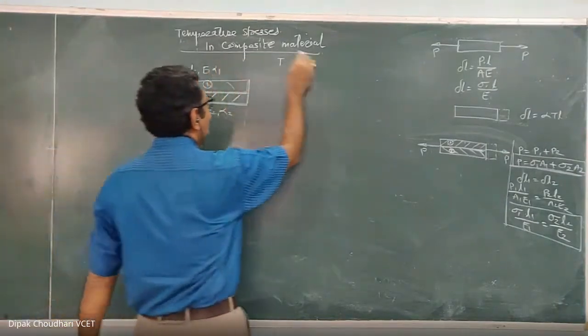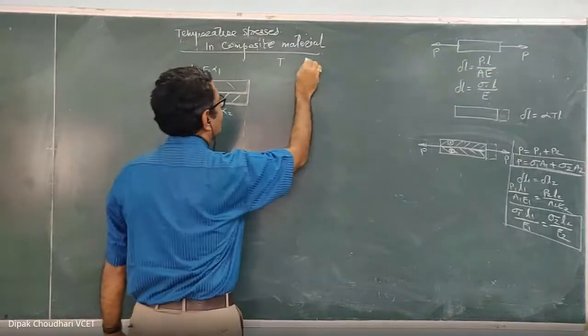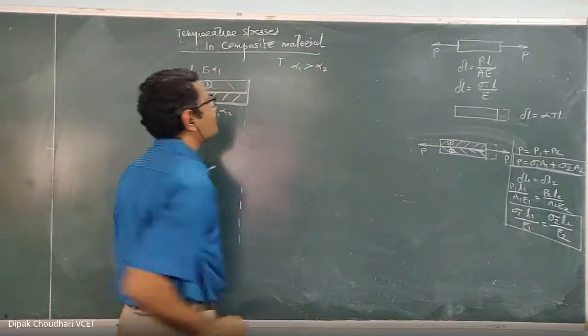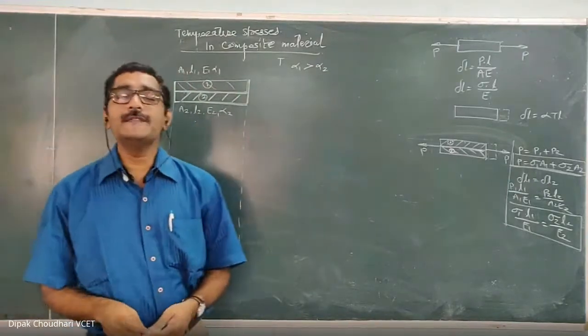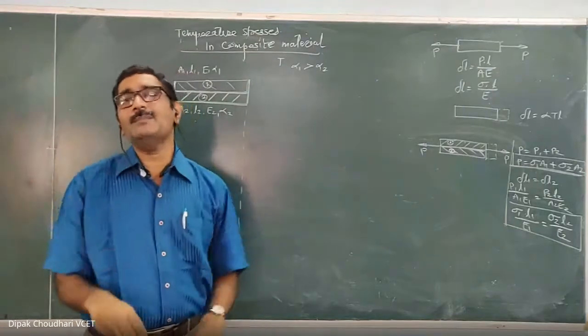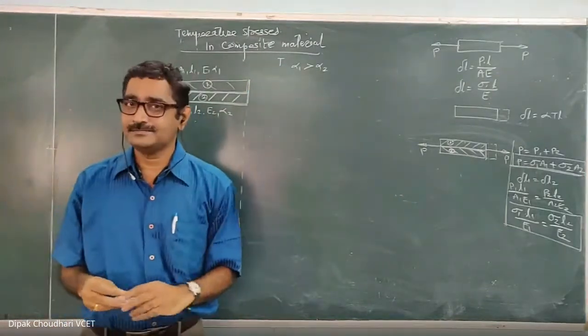Now here I am assuming that for these two materials alpha 1 is greater than alpha 2. All of you know that alpha is the coefficient of thermal expansion, and the deformation of the material is dependent on this alpha.